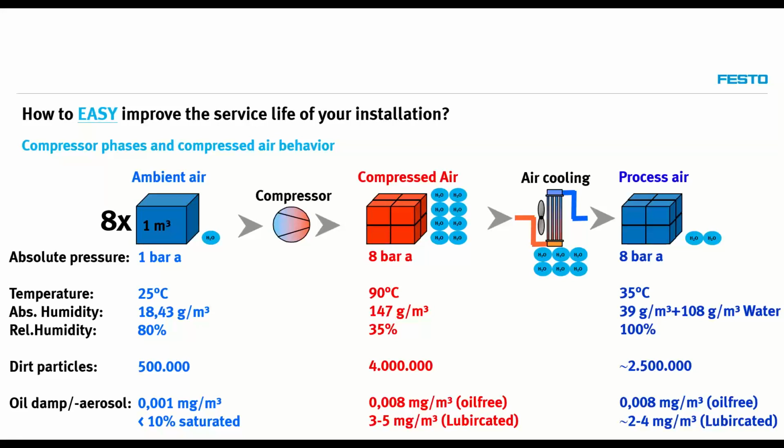But because of this big temperature difference, a lot of water also needs to precipitate out. This is besides the fact that you also remove a little bit of the particles with the water, so that's a good thing. But still, oil, mainly for a lubricated compressor, is something which is still maintained.